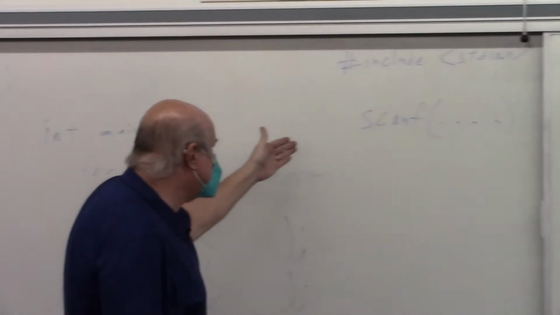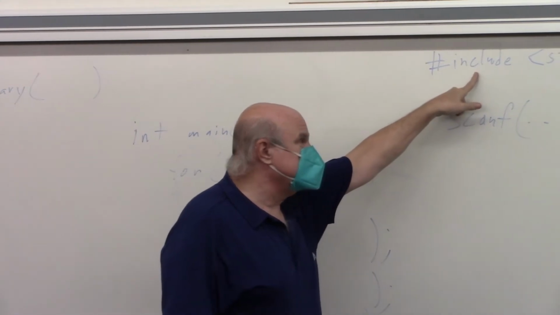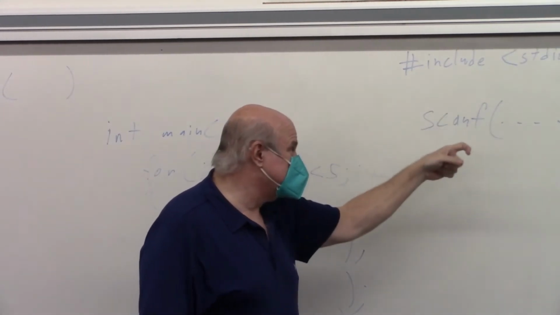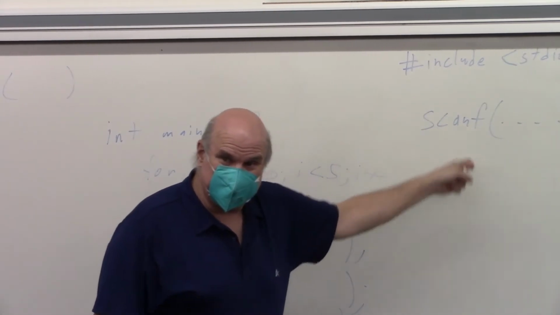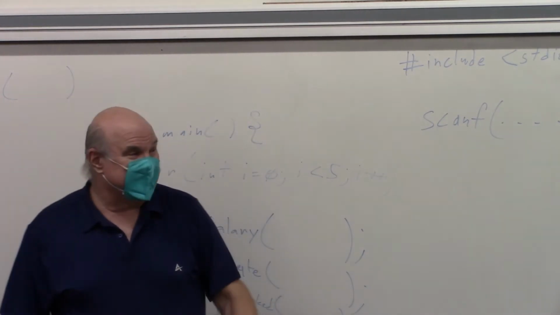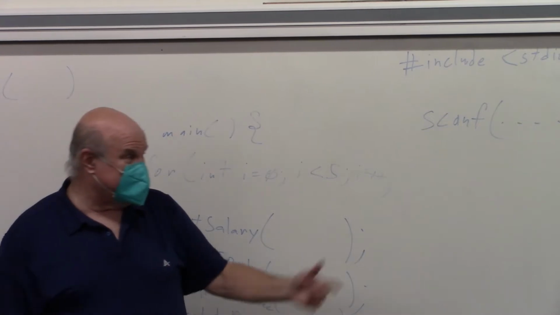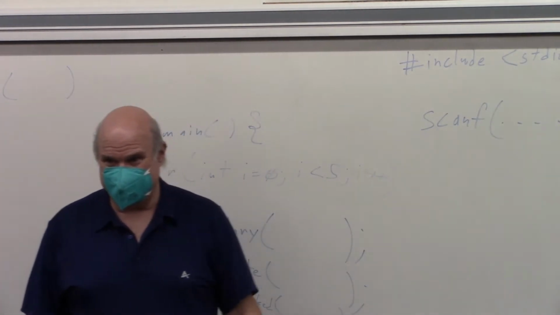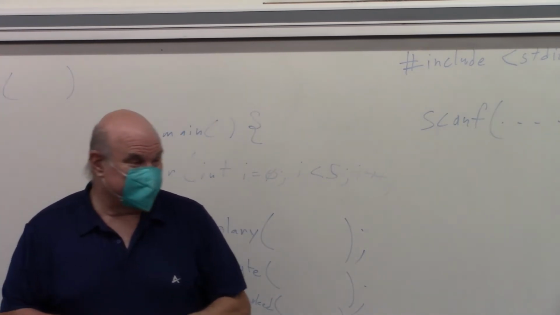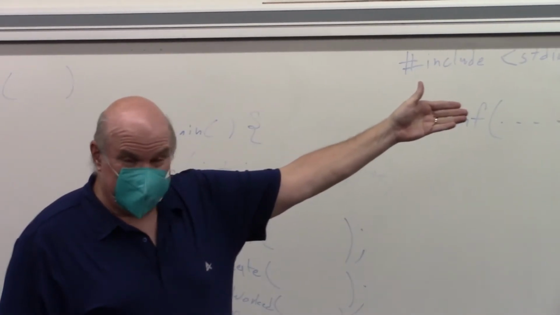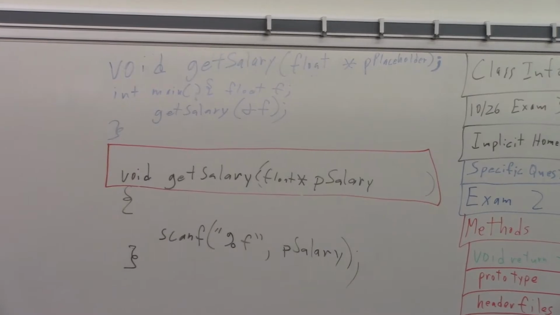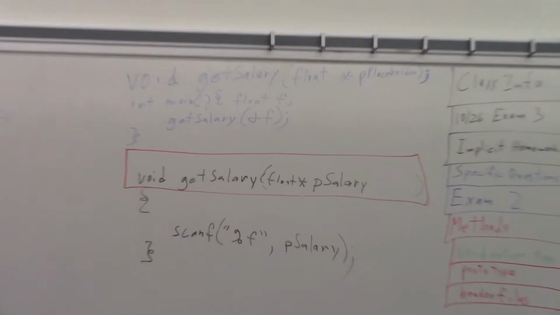So that you've told the compiler, I'm going to use something in here. One of those things that you're going to use is scanf, so it knows what scanf is. It knows what its return type is, and it knows what its parameter list is, and it knows what its name is. So this is why you have the ability to declare a method and later define the method.